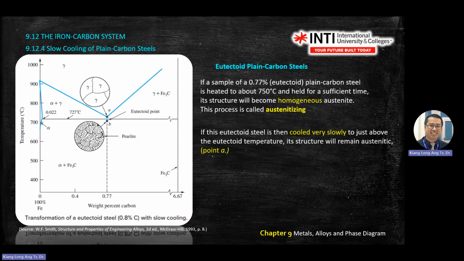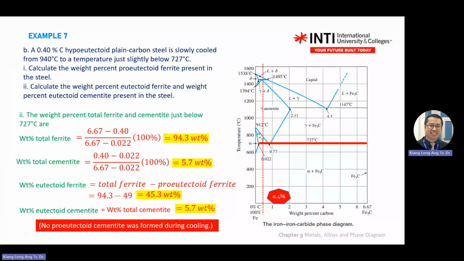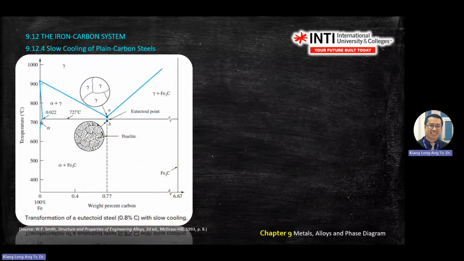Okay, carbon steel, slow cooling of carbon steel. So if a sample of 0.77% eutectoid, this point is an enlargement of this section. This small section is enlarged into this section.